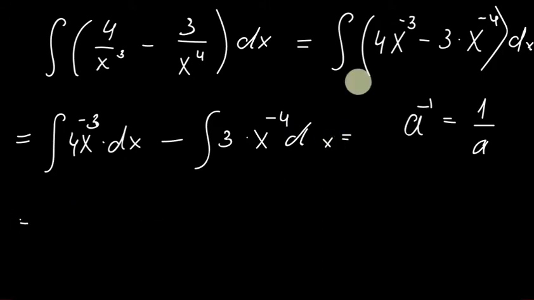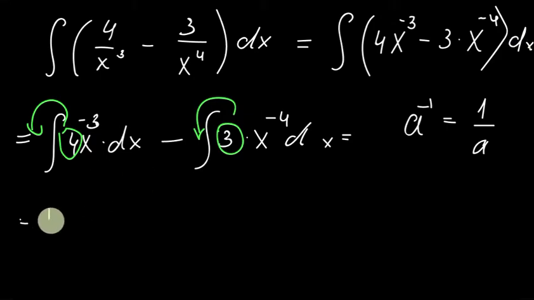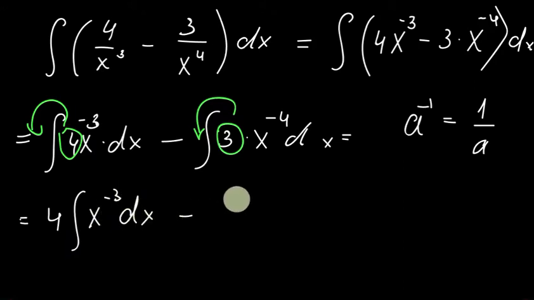Now you can take these constants before our integrals, so you get 4 times the integral of x to the power of minus 3 dx minus 3 times the integral of x to the power of minus 4 dx.